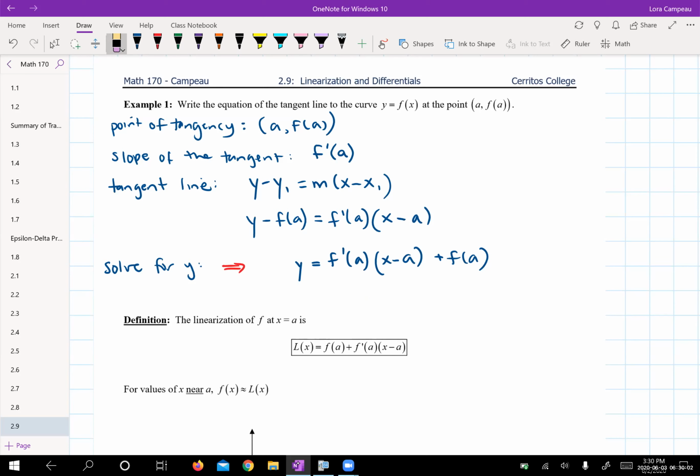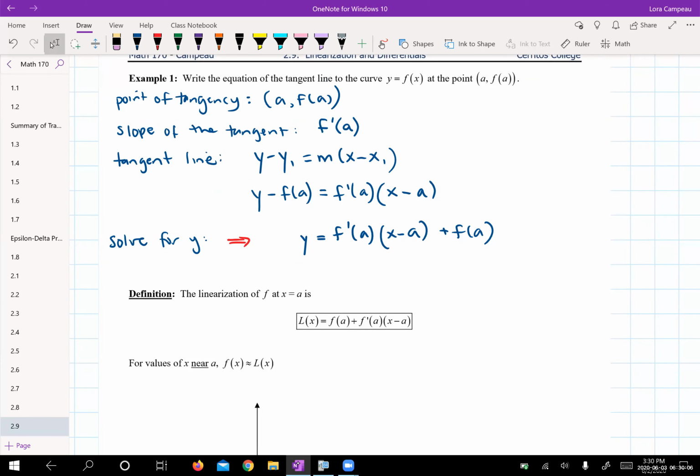And this is what it means to find the linearization of a function f at the point x equals a. If you can recognize where they are talking about L, capital L stands for linearization. They just wrote it slightly differently, but what we're looking at, again, is the equation of a tangent line.